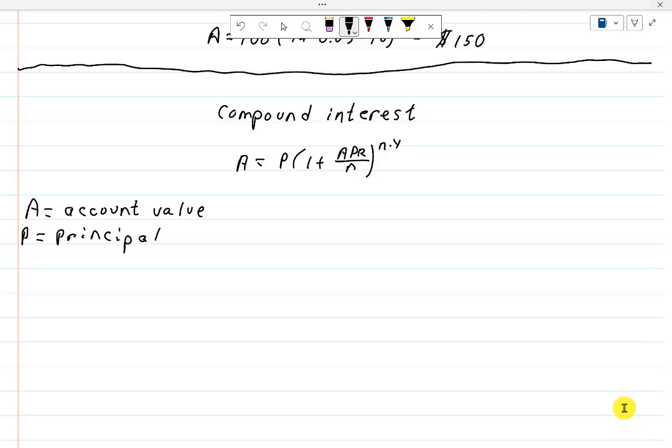APR is the annual percentage rate. And then we have n. This is the number of compoundings per year.